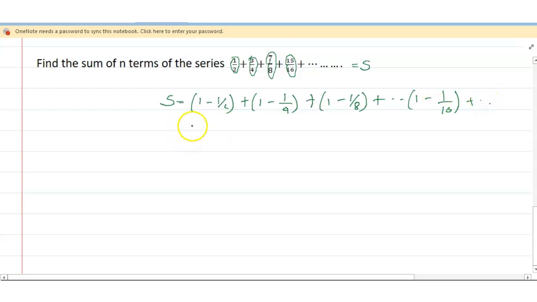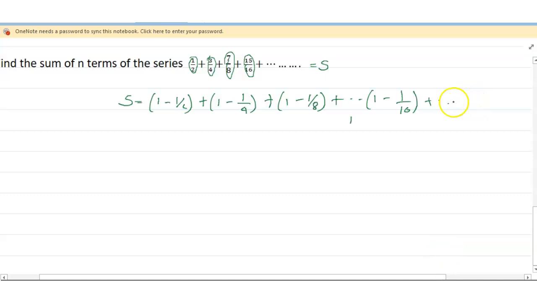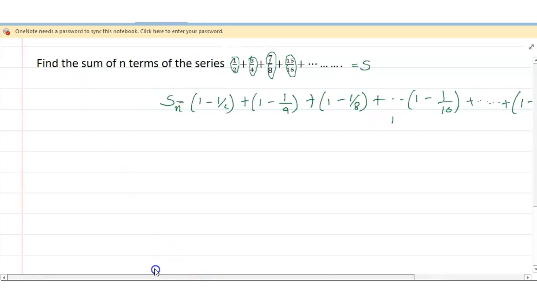So friends, the Tn term should be 1 minus 1 by 2 to the power n. So this is the Sn. I have to find out the Sn series.